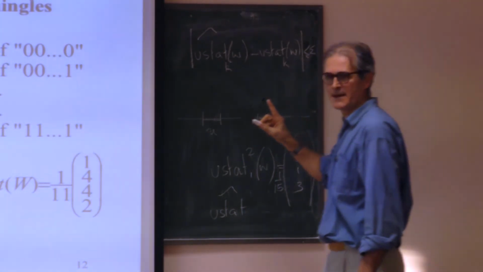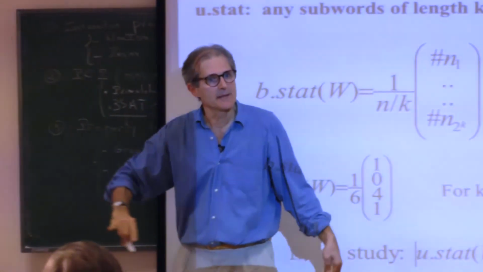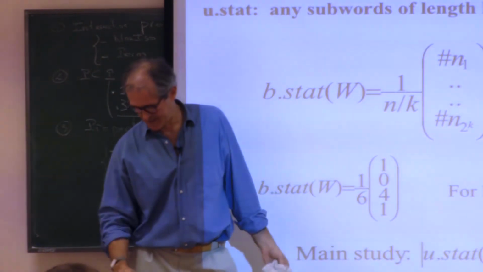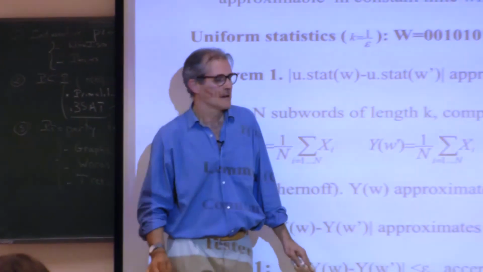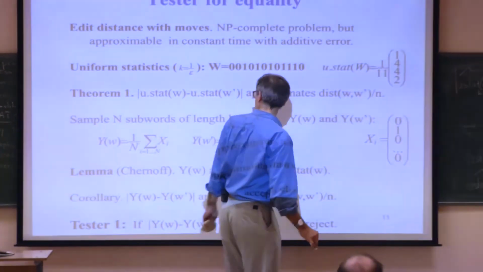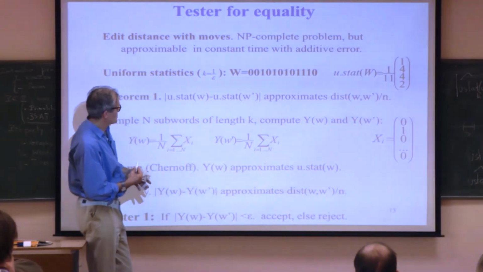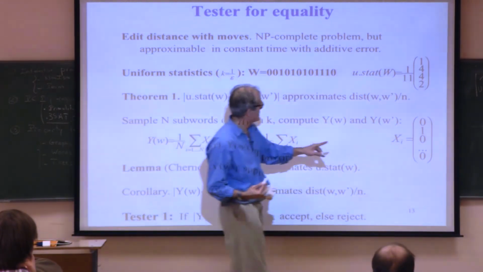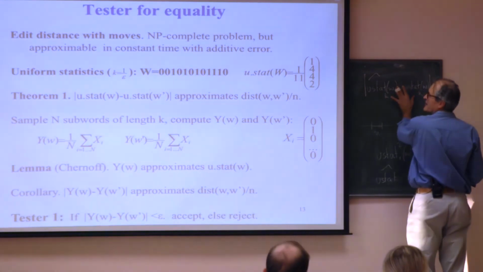All right, so now comes the fact that because I sample, I have a certain probability, of course, to be totally off. But if this probability is 10 to the minus 10, I don't care. Okay? And this is what's going to happen. Okay, so the first thing is to approximate this vector and to show that this is good enough.